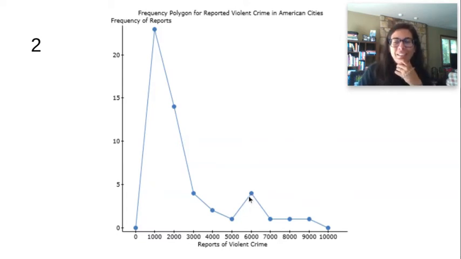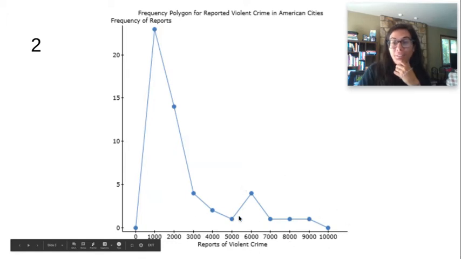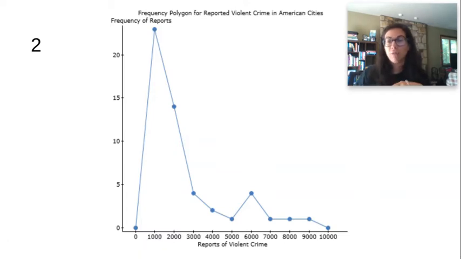We're seeing that these dots are very low on the right side of this graph. So you're saying, okay, the spread is really spread out from 0 to 10,000 reports in whatever time period. If some places are reporting 1,000-ish and some are reporting 10,000-ish, that's definitely spread out.